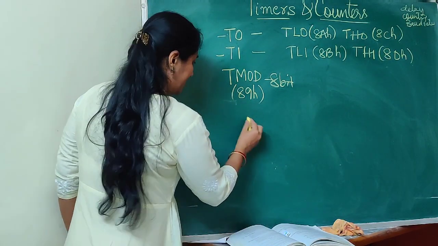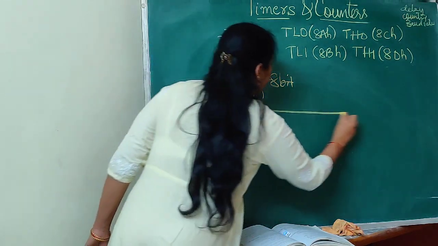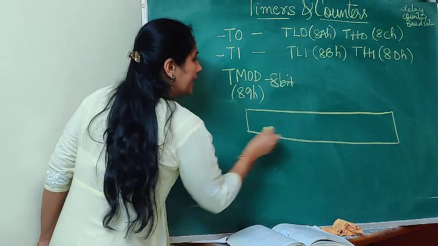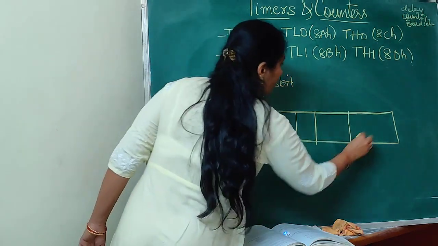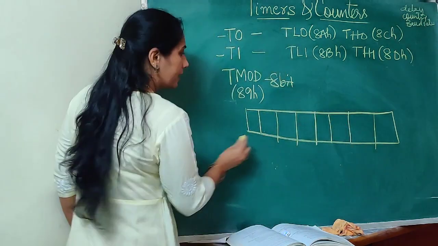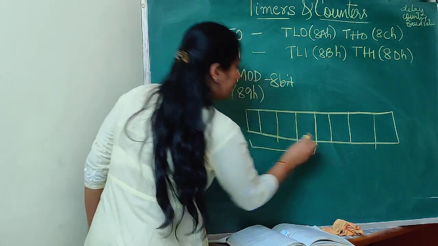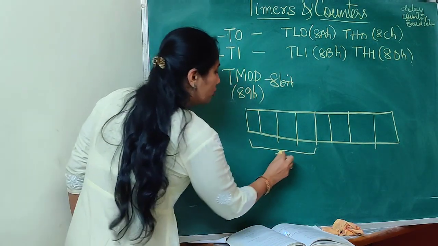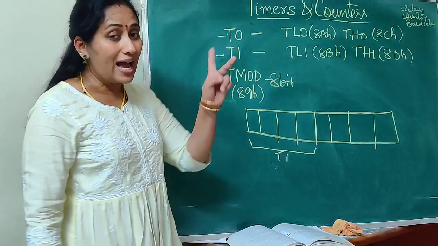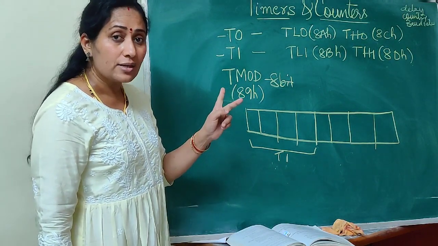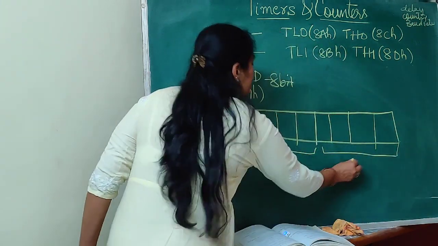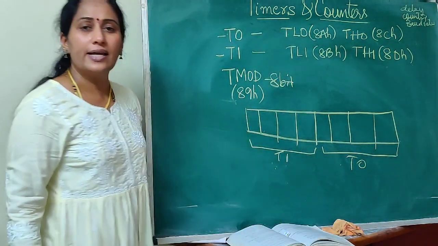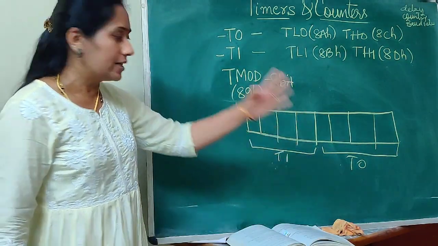So you can just see over here, it is an 8-bit register. The higher nibble is going to be for timer 1, because I have two timers, right? So timer 1, and the lower nibble is going to be for timer 0.